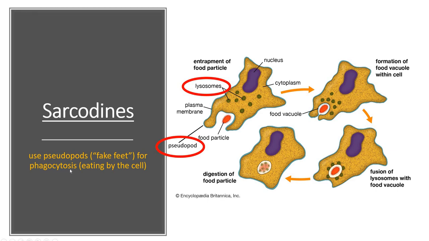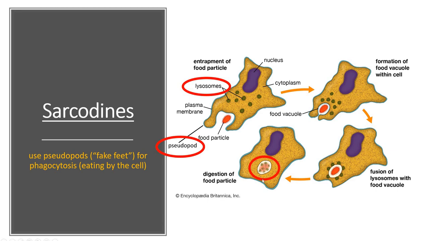You can see it over here. And it just means eating. The phago or phage, depending on the word, the PHAG, means eat. The cyto means cell. Okay, so this is eating by the cell.